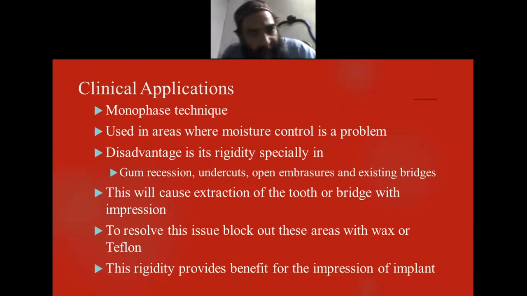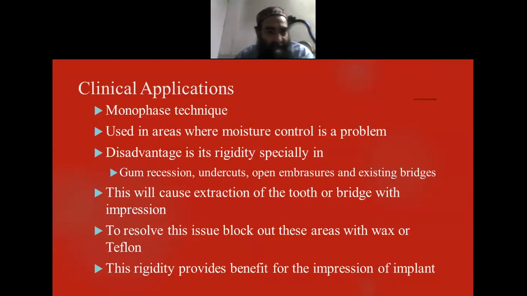Clinical application, monophase technique, simple. In a simple tray, you can take the impression directly. Used in areas where moisture control is a problem, is its area of application. Disadvantage is its rigidity, especially in gum recession, where gums are detached from the teeth or away from teeth.